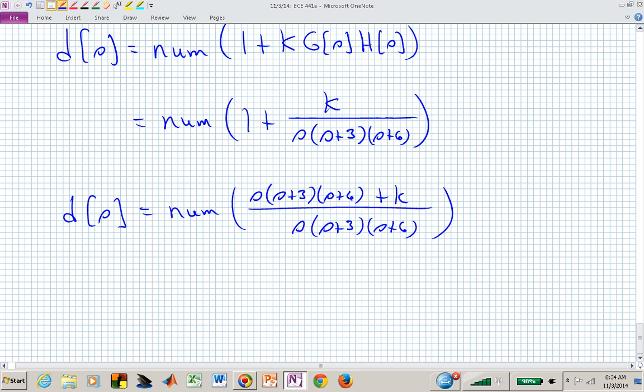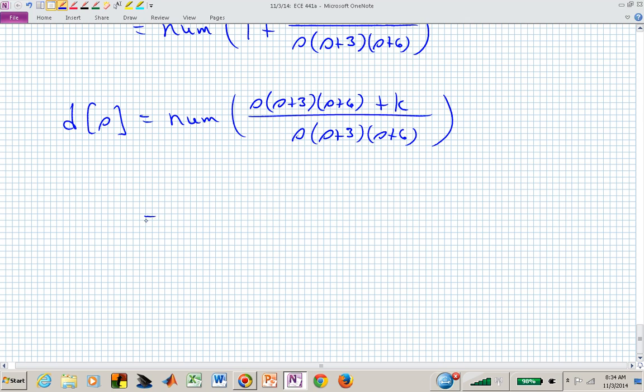That's the d of s polynomial in my transfer function t of s. Or this is now equal to s plus 3, s plus 6 plus k. That's now my closed loop characteristic polynomial. When I set it equal to 0, it's my characteristic equation. And those values of s that satisfy that, or let that go to 0, are the closed loop poles for different values of gain k.